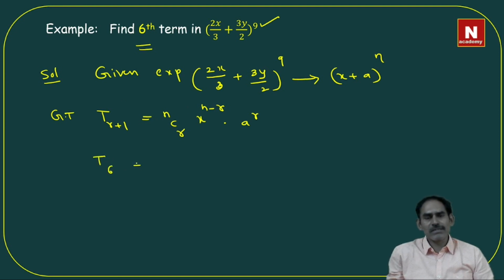So T6, in the form of r plus 1, will be T(5 plus 1). 6 can be written as 5 plus 1.